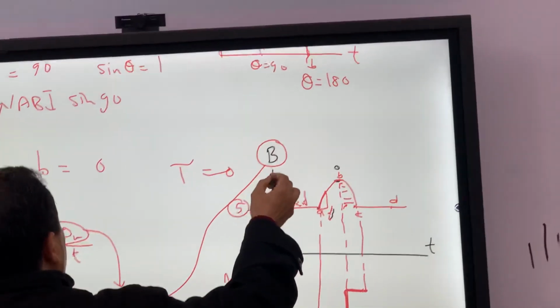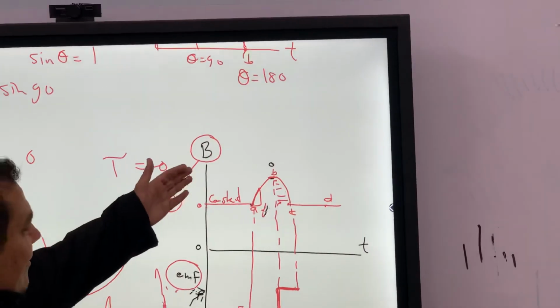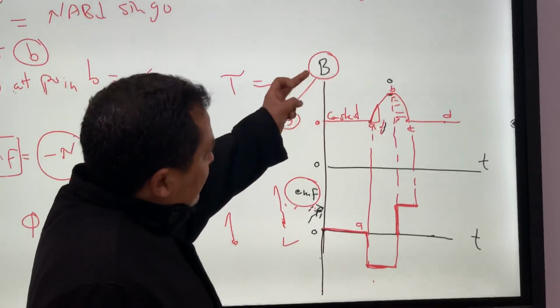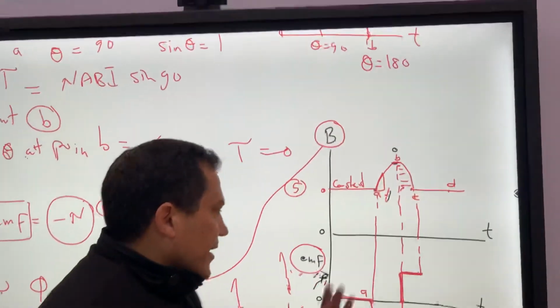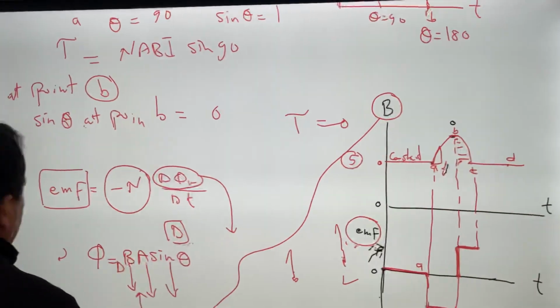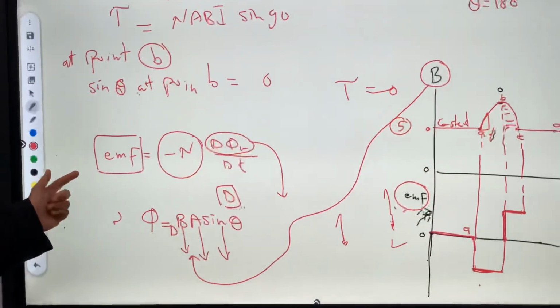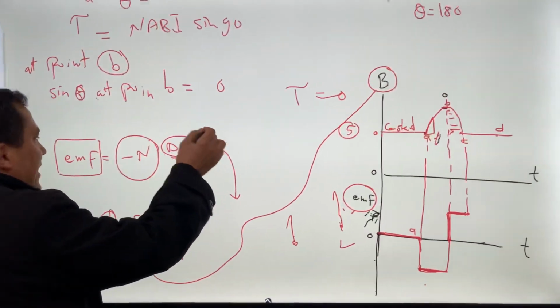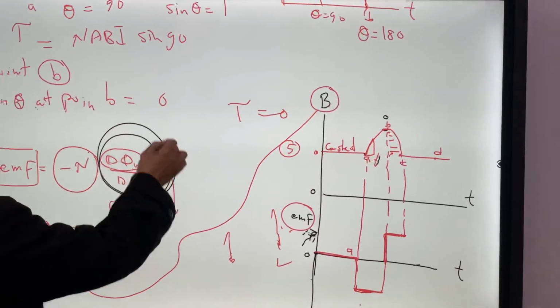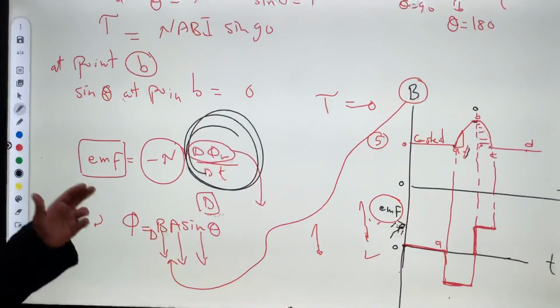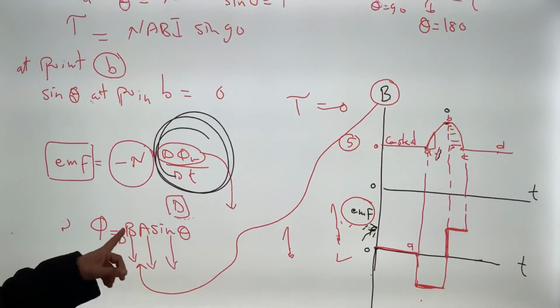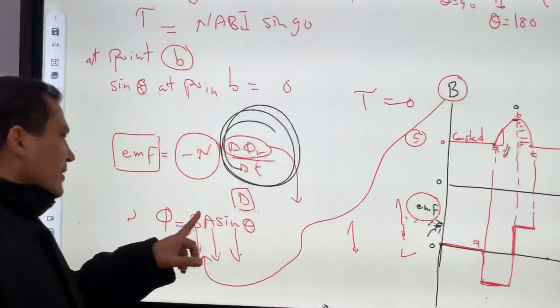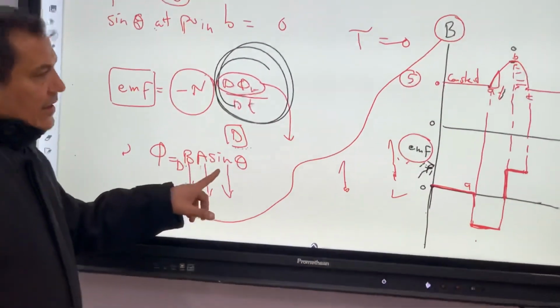When he gives the graph between density and time, we express induced electromotive force by the rate of change. You must know the rate of change. This change may be in magnetic density, may be in area, may be in the angle.